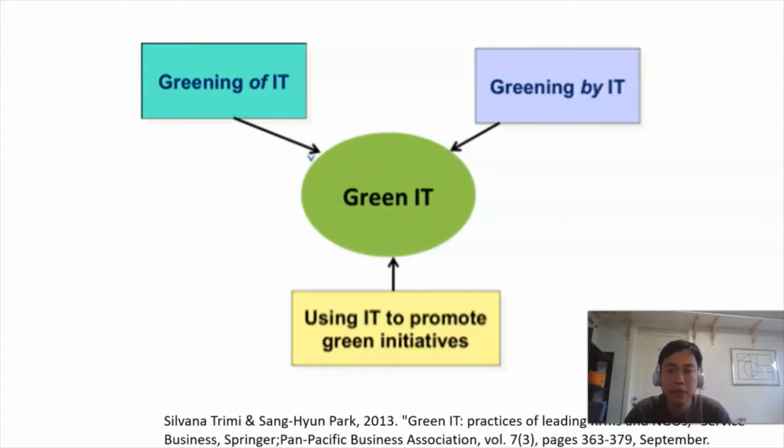By the definition, we see there are two things: greening of IT and greening by IT. Greening of IT talks about the environmental impact within the IT activities, the IT industry itself.